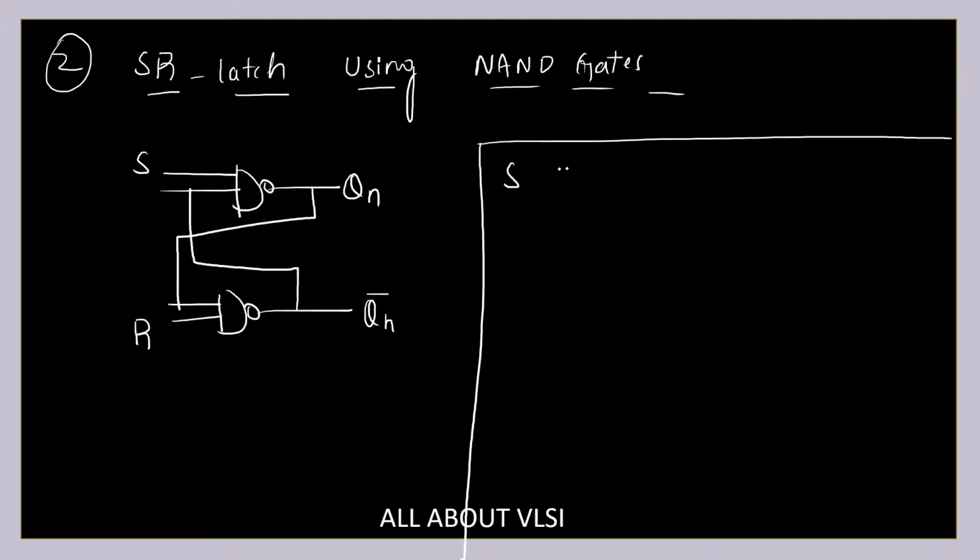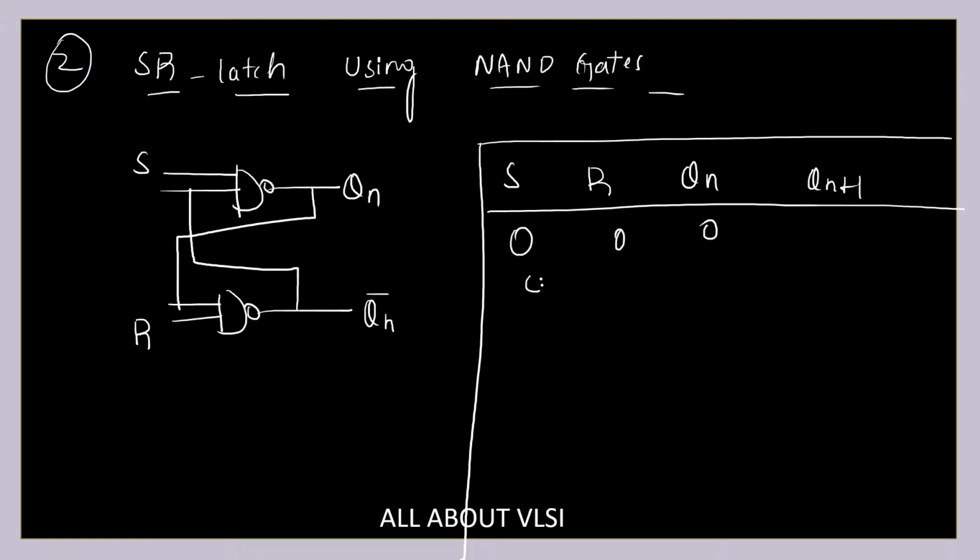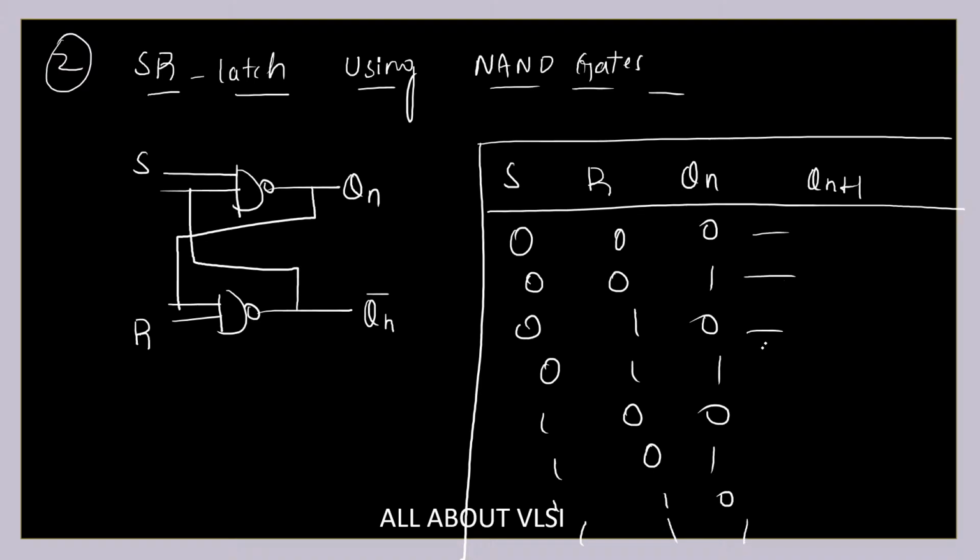I'm going to have S, R, Qn and Qn plus 1, and let us have all the combinations: 000, 001, 010, 011, 100, 101, 110, and 111. These are the different combinations we are going to have.